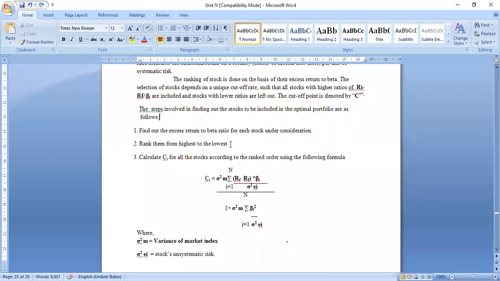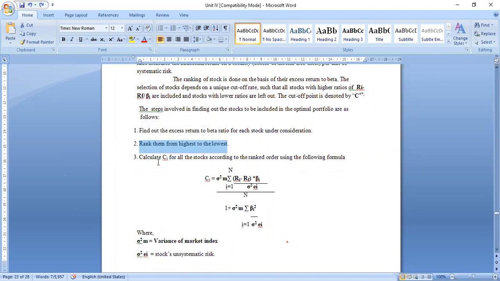Even if you skip step 2, it is fine, because you will get a clear idea once you calculate the C star or the cutoff rate. The securities with the highest values and above the cutoff will be considered, and the values below the cutoff rate will be ignored for selection of the portfolio.